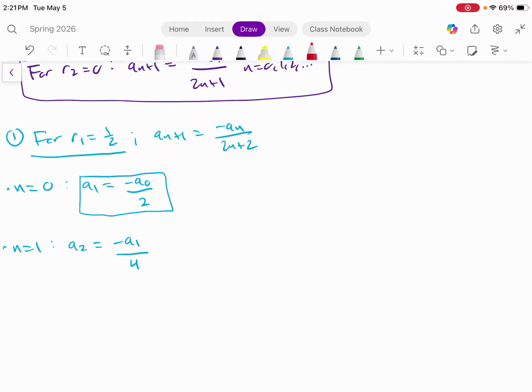But I know a1 is negative a naught over 2, so I get negative a naught over 2 over 4. Just be careful with your negatives. So I just get a naught over 8. So a2 is just a naught over 8.